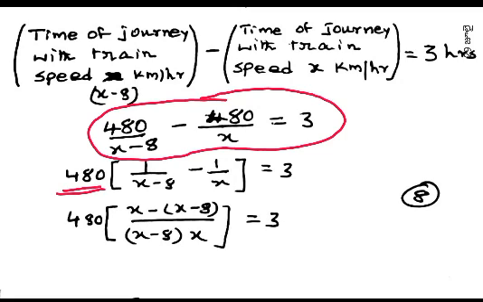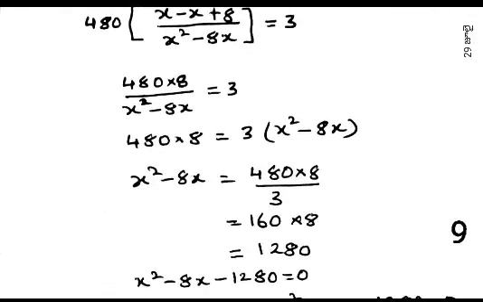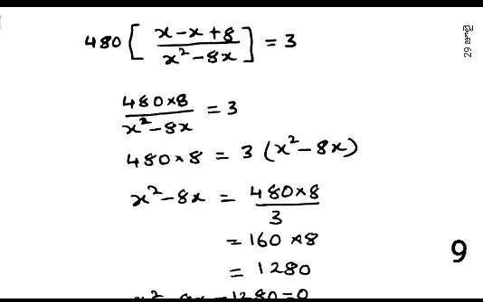480 is taken as a common factor and we have written it like this. x minus x becomes 0, therefore we get 8.